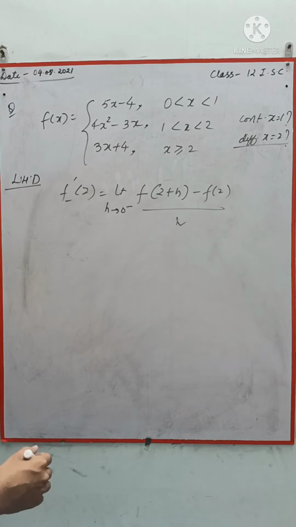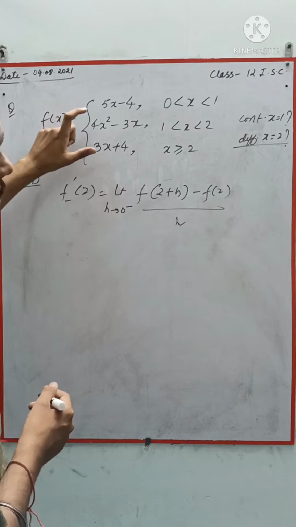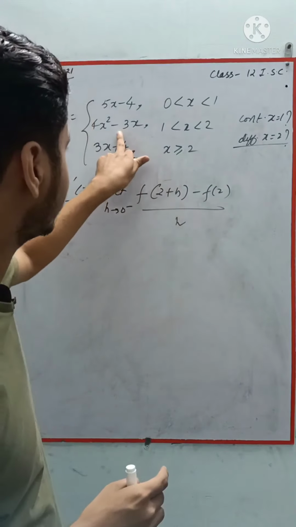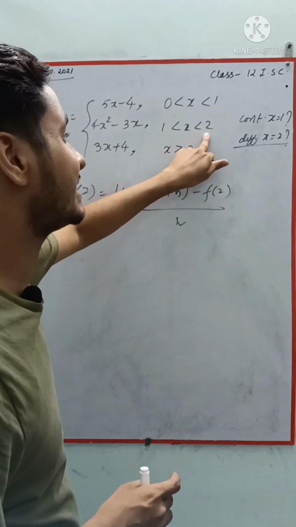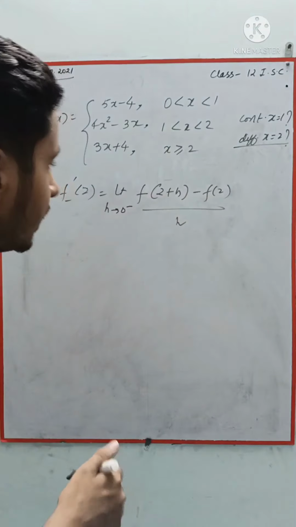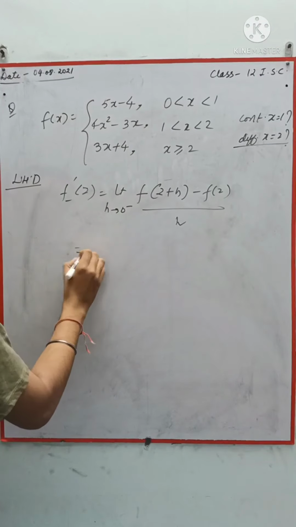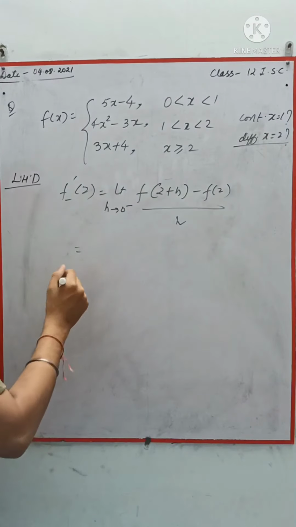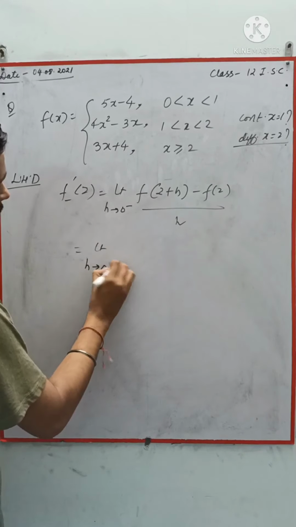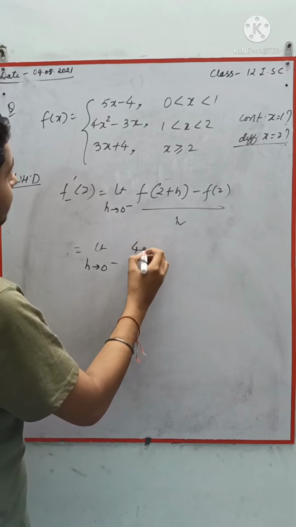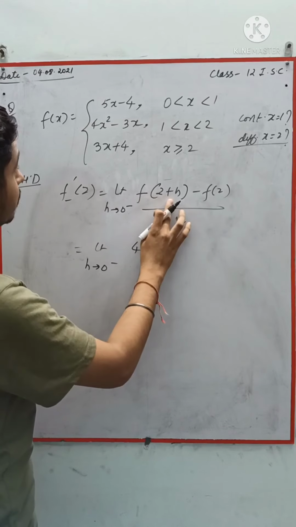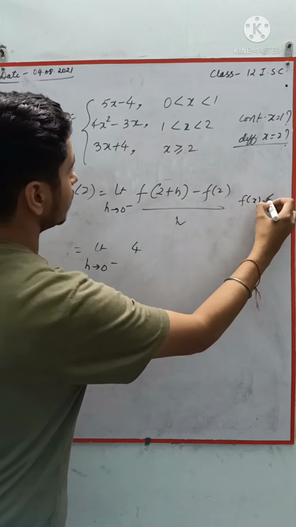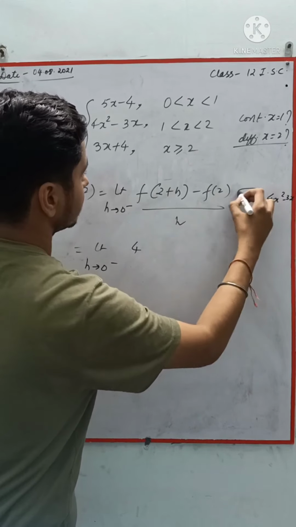Now which function is to be taken? For 2 minus, that means on the left side of 2, this function we have to take, because x is less than 2. So we have to take the lesser one. The lesser function is this only. Okay, we have seen this inequality type of question in the last video. So limit h tends to 0 minus, at this point our function f(x) will be 4x square minus 3x.